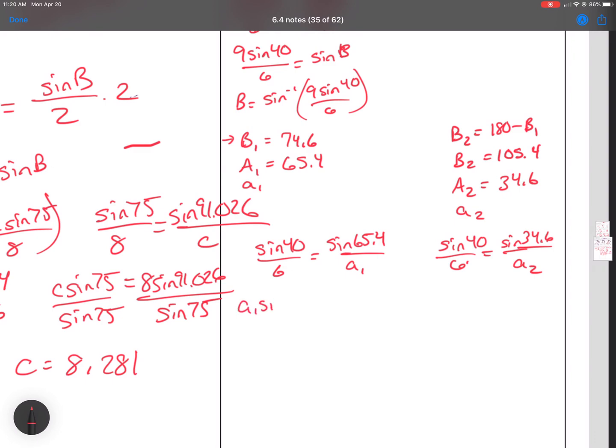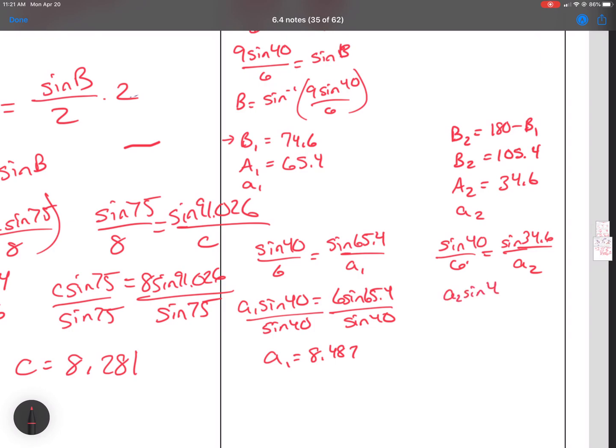So a1 sine of 40 equals 6 sine of 65.4. Divide by sine of 40. So a1 gives me 8.487.